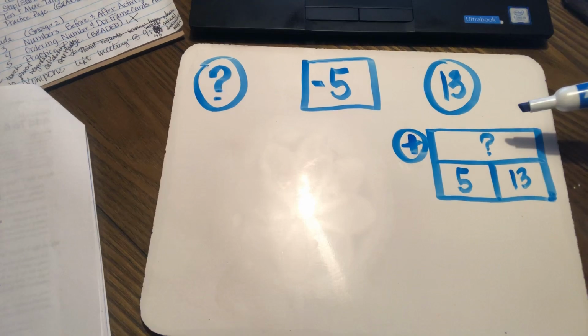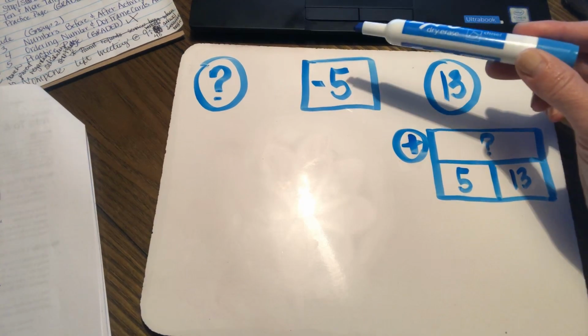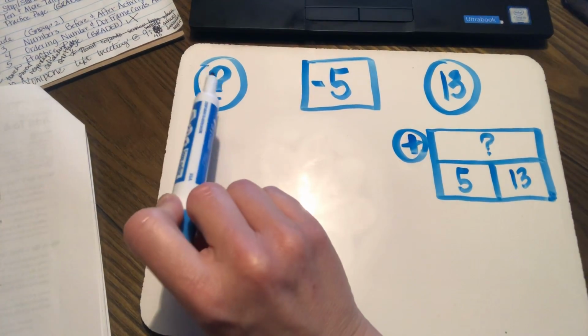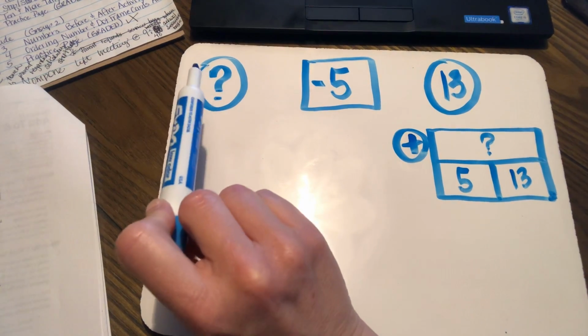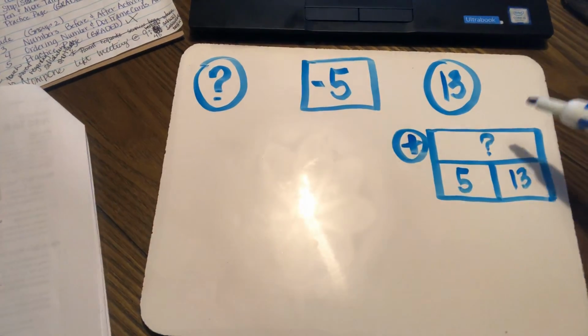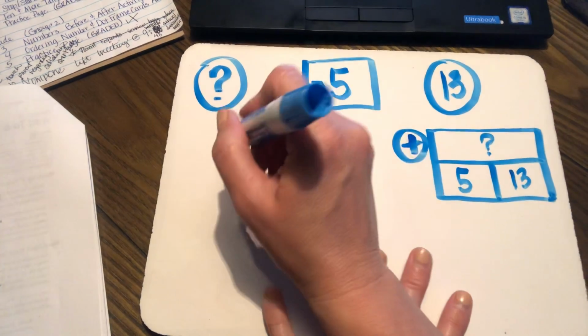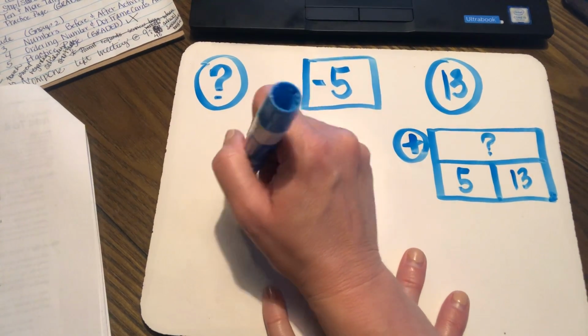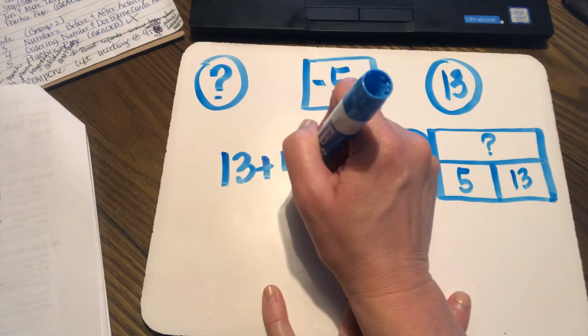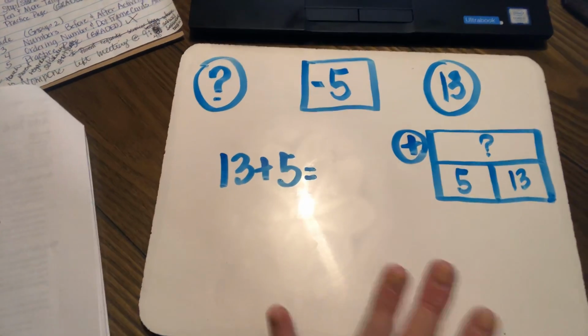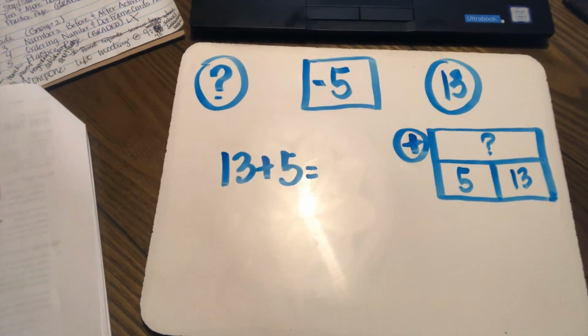Yes, because even though things are going away in the story, I'm looking for the total, the amount that I started with in the story, and it is the whole in this case. So we are going to take 13 and we are going to add 5 using our touch points.